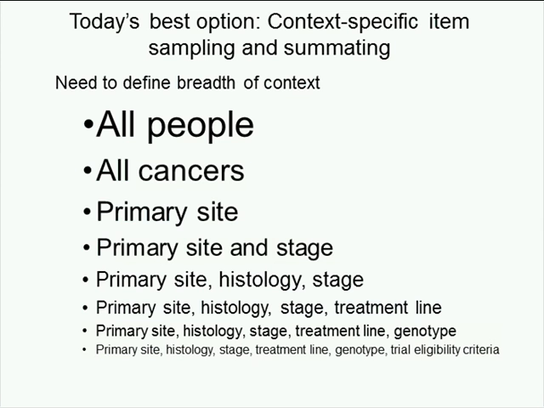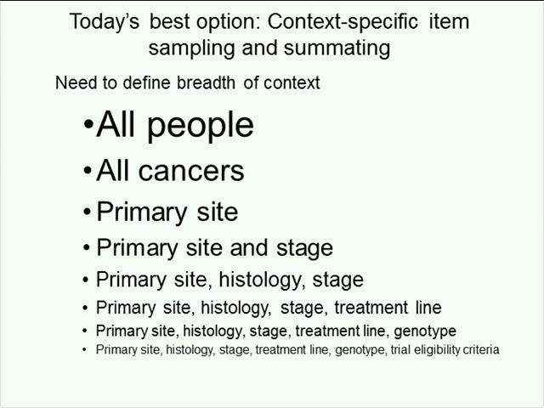Or do we want it to be primary site and stage, that is, say, advanced lung cancer or early stage breast cancer? Or do we want the context of use that we frame our items around to be primary site, histology, and stage? We can get even more specific to primary site, histology, stage, and line of treatment for second, third, fourth line.